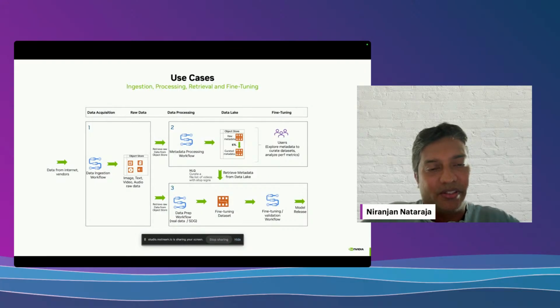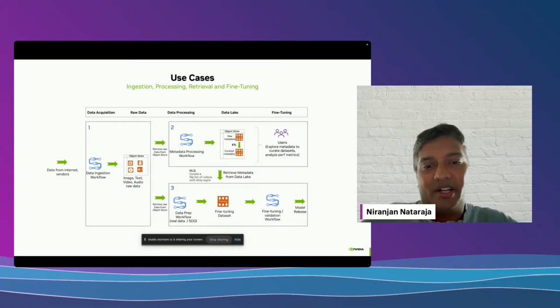And once the users decide, okay, I would like to train models or fine tune a model specifically for stop signs, you write a query that says, let's get a list of all the videos that have stop signs in them. You retrieve the metadata, and that metadata contains pointers to the raw data that exists on the object store.